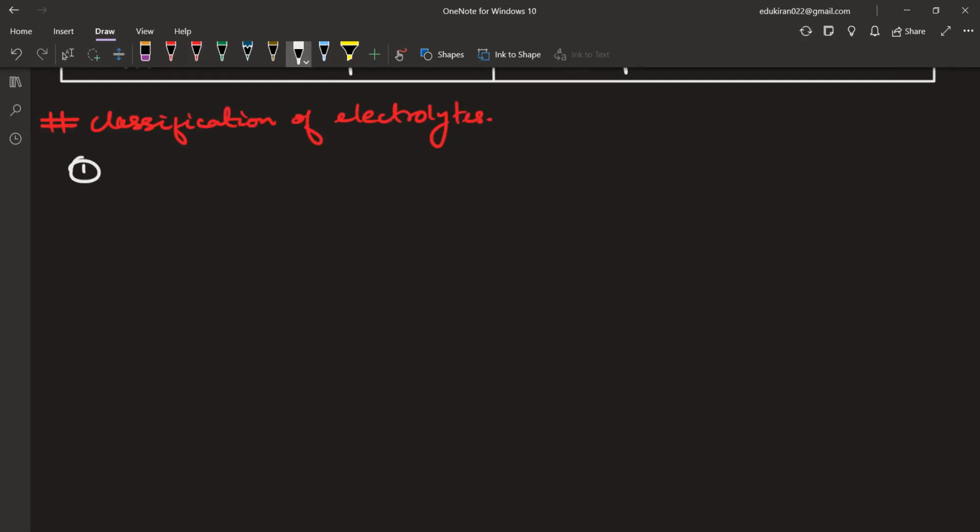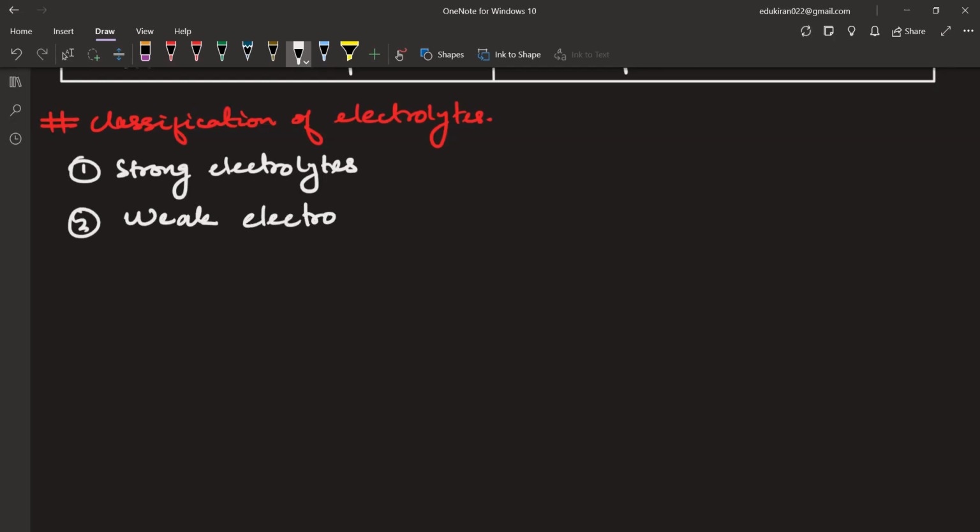Number one, strong electrolytes. And number two, weak electrolytes. I hope you are not hearing this for the first time. In 11th standard, you must have heard these words, strong electrolytes and weak electrolytes. Now write for strong electrolytes.